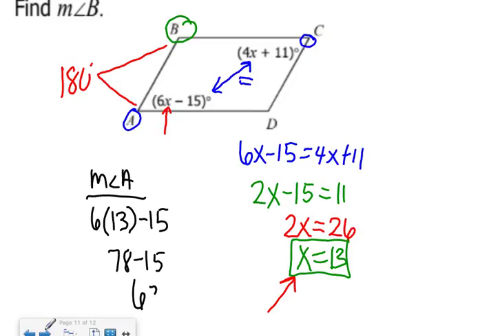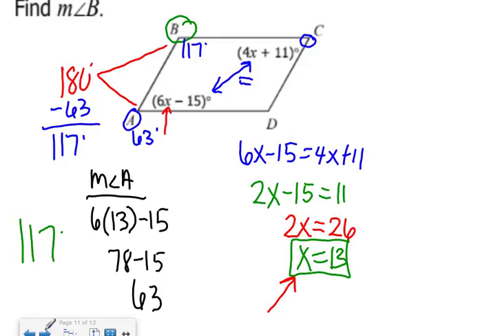Subtract it out, I get 63. So now if angle A is 63 degrees, I can subtract it from 180, get the measure of angle B, which is 117. It's kind of all over the place, kids. Hope your handwriting's a little bit nicer, so I'm just going to write 117, circle it.